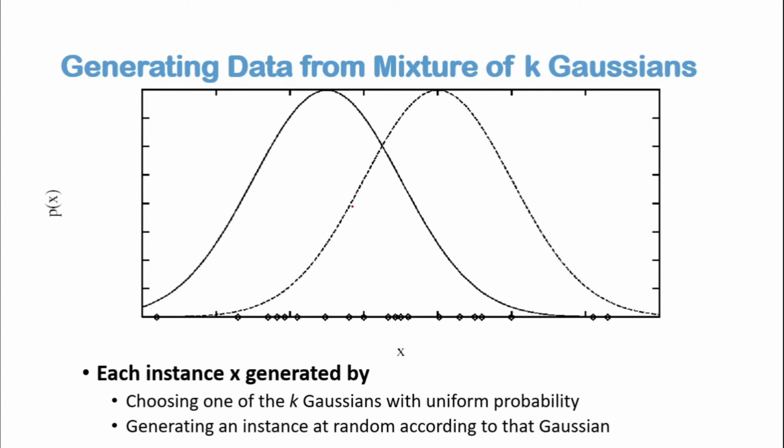This is now generating data from a mixture of k Gaussians. What is a Gaussian now? Gaussian distribution is used to represent an object. If we consider an image, each and every object in the image is represented with a Gaussian distribution with some formula of Gaussian.